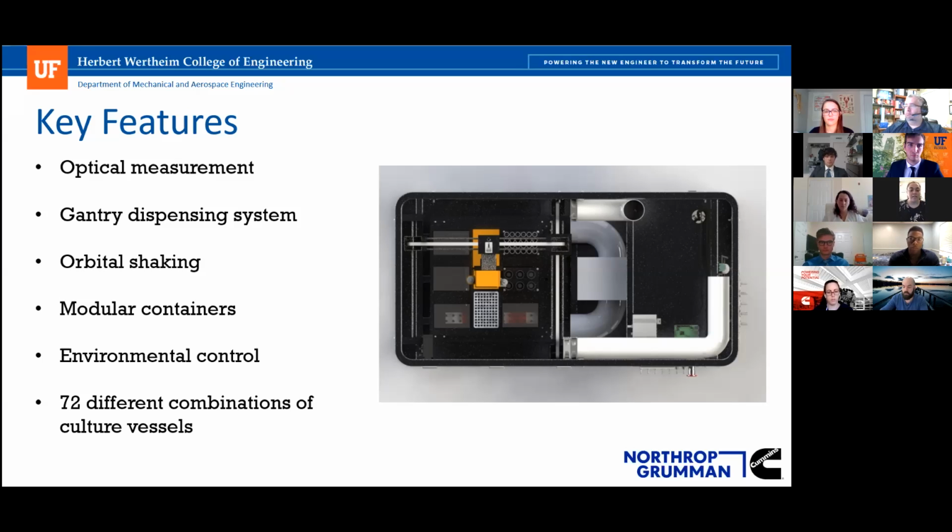The gantry dispensing system is a tried and true method that's going to hold up and be robust. With our Orbital Shaker and the modular containers being able to hold so many different combinations, we see 72 different combinations of culture vessels, which is higher than most products right now.